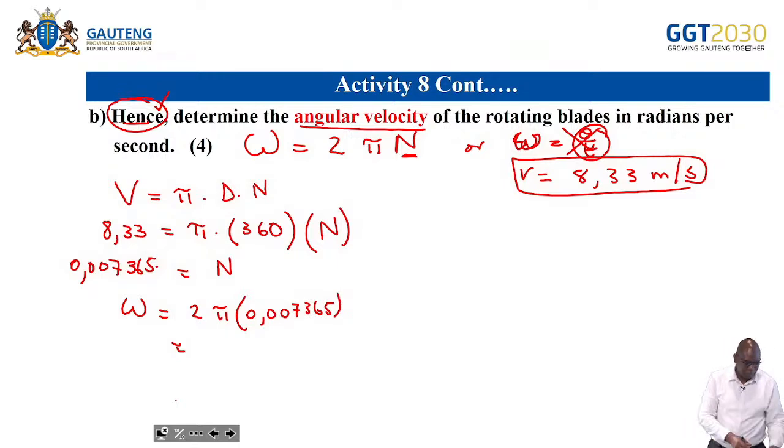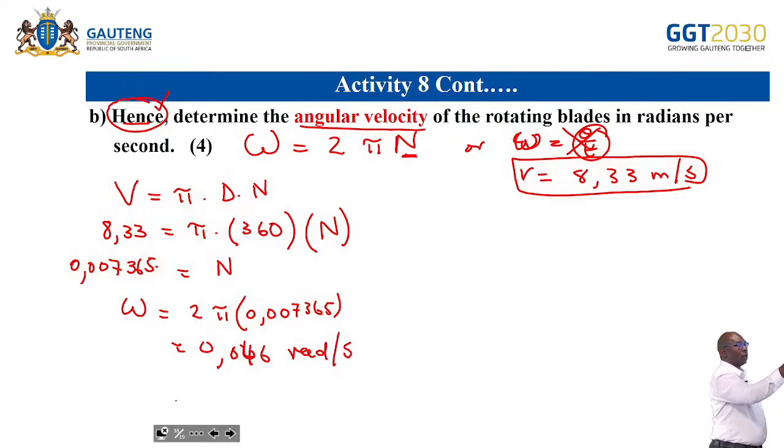So I'm going to say 2 pi, then multiply this one by 0.007365. Okay, so my angular velocity will be 0.046, and that will be radians per second. So that is what I'm going to have.